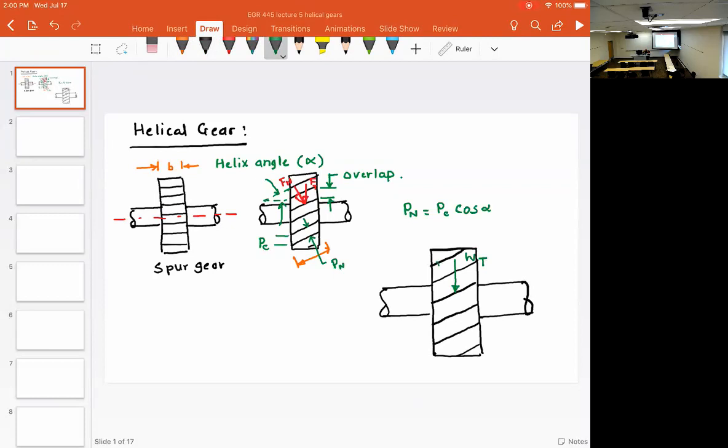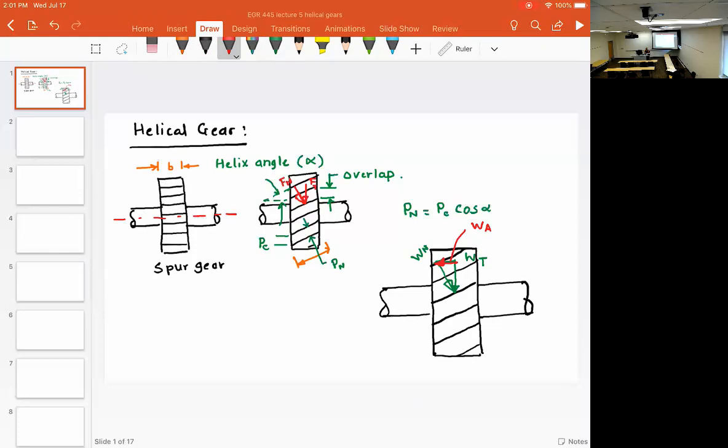Wn will be something like this, and you are going to get Wa, and this is extremely important, and I want to show this as an important component. This is called Wa. Please observe, in spur gears, Wa is not present.